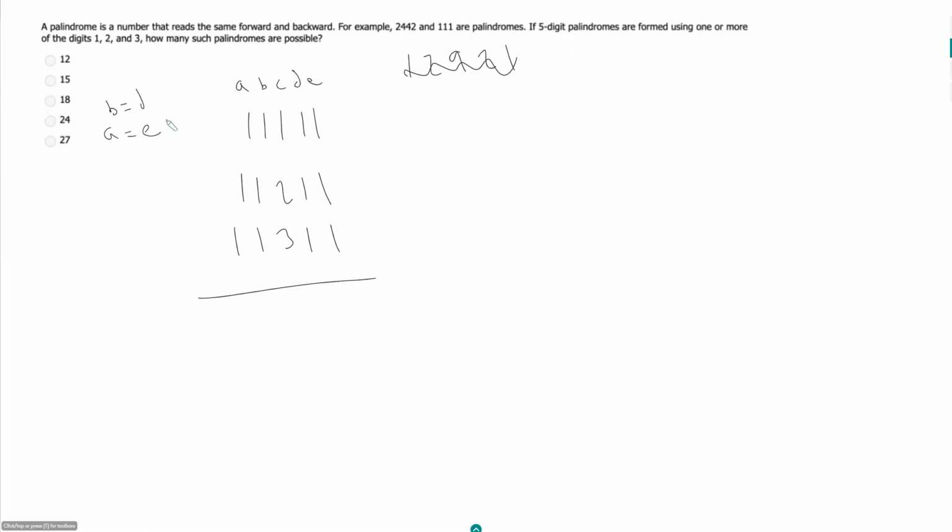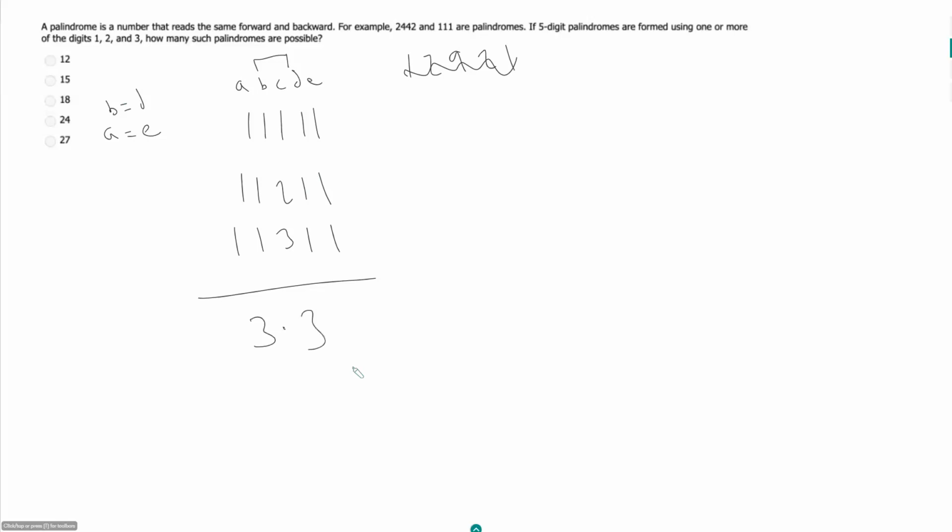So based on that, we can find the number of combinations by asking how many options I have for my middle term. There are 3 options there. Then I combine any of these 3 options for my middle term with 3 options for B and D, because those have to be the same.